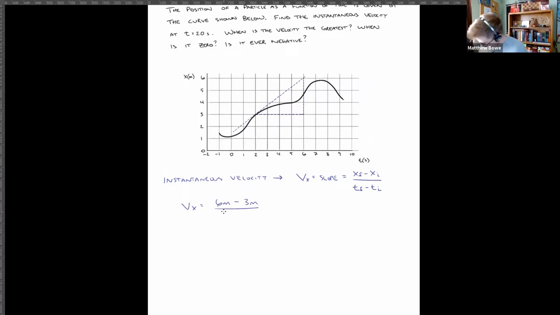So final time, 6 seconds minus initial time, 2 seconds. This turns out to be 3 meters over 4 seconds, or I could just say 0.75 meters per second.